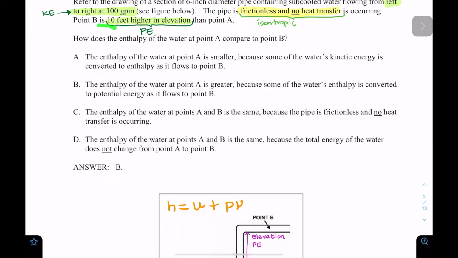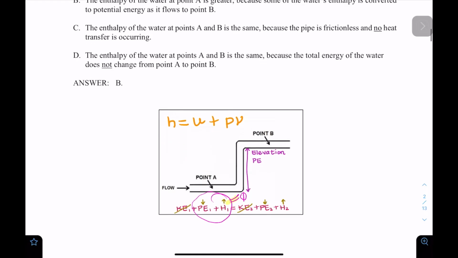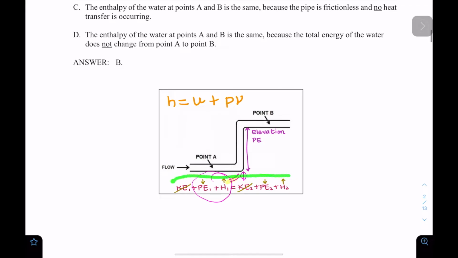And point B is 10 feet higher in elevation than point A. That's something important. So point A and point B, they have a difference in the elevation. As I mentioned, this is something that we need to remember. This is going to be important here. So we have the same formula, we want to use it, but we are also given this information.